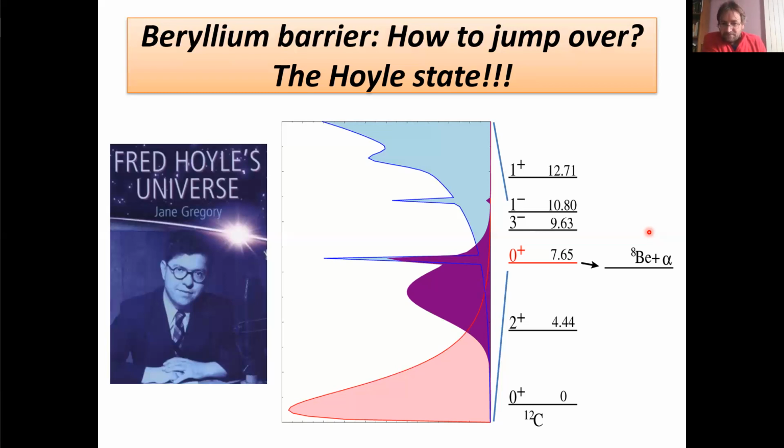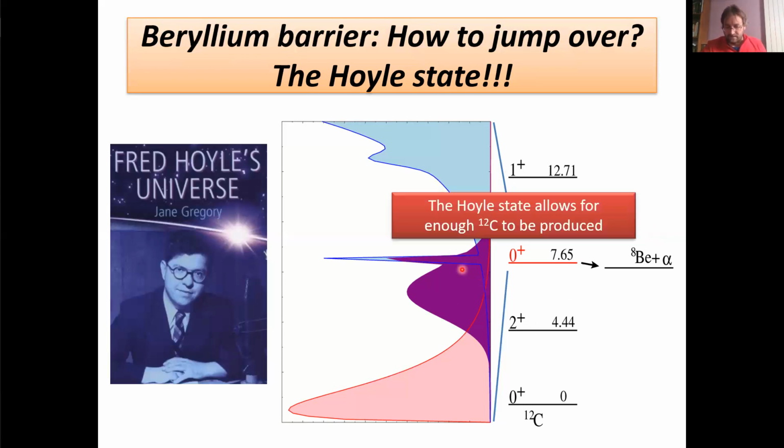I'm not religious, but this is such a narrow bottleneck where things need to go through, that everything works out just so that we can be here. Even I start now to think whether there is something behind. So this is the Hoyle state, and this allows for just enough carbon to be produced.